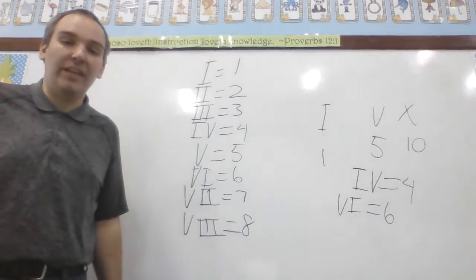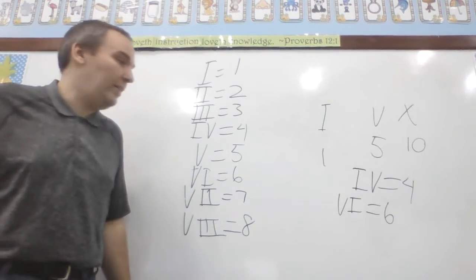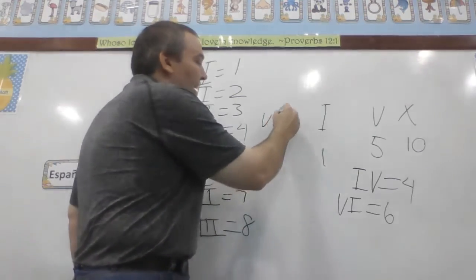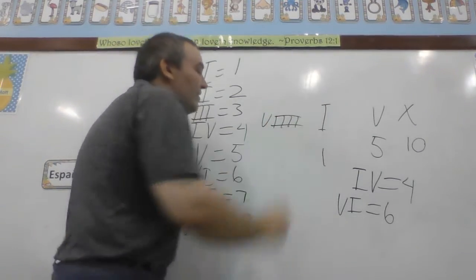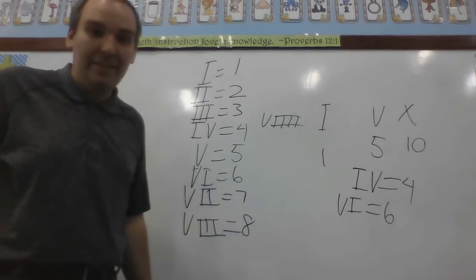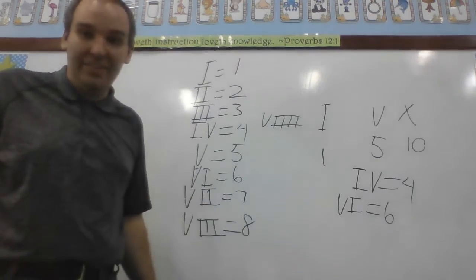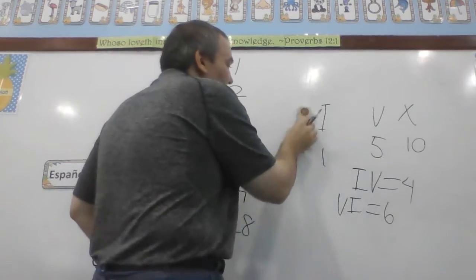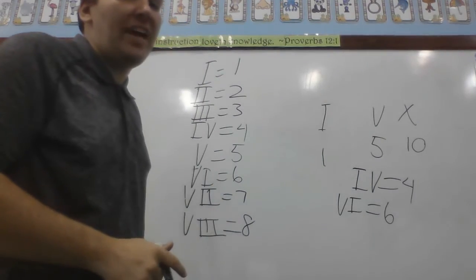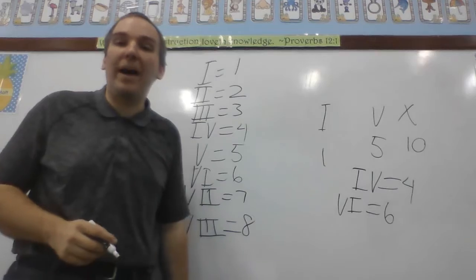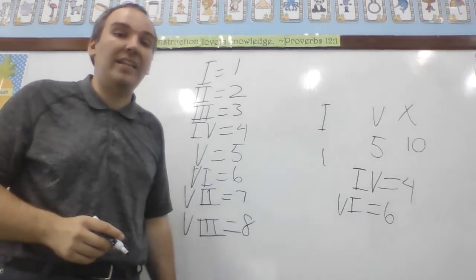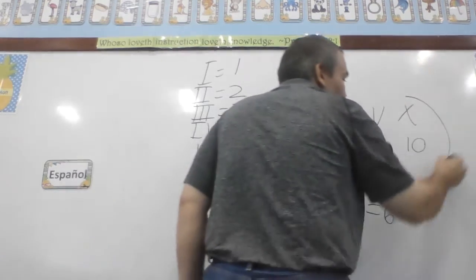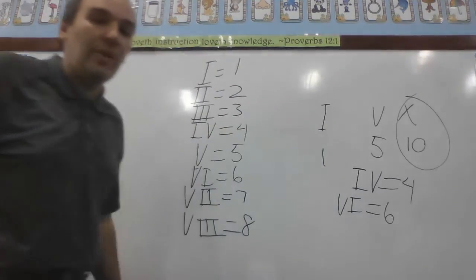What did 9 look like? Well, if you said VIII, you are wrong. Because you can't have 4 I's. It doesn't work that way. You would have to say 10 minus 1. Now what does 10 look like? 10 looks like this. Right?